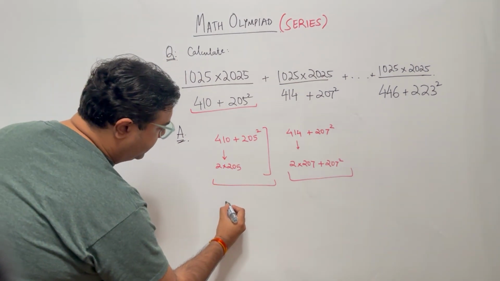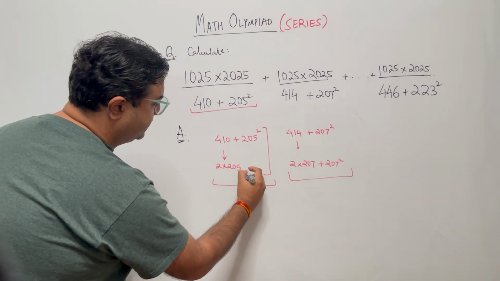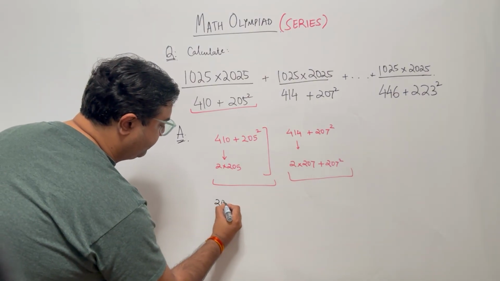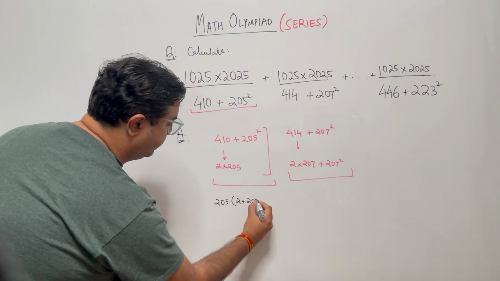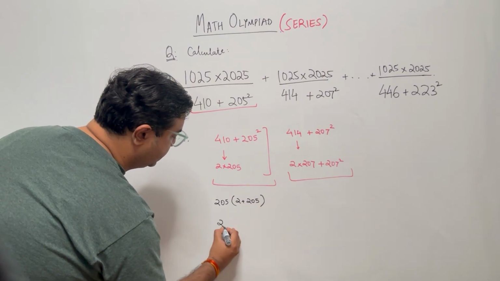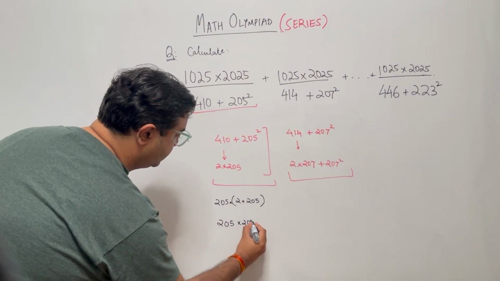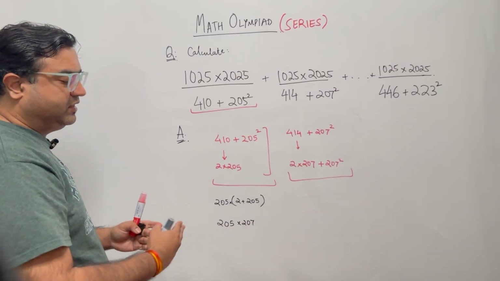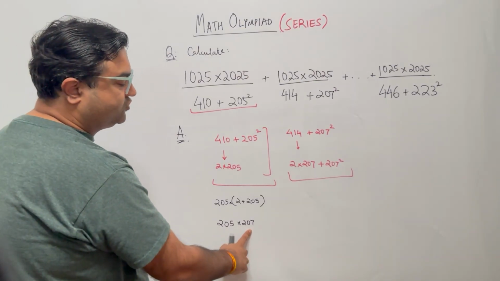So this will become 2 into 205 plus 205 square. If we take out 205 common, we are left with 2 plus 205, which is 205 times 207. So we got two close numbers and they are 2 apart.